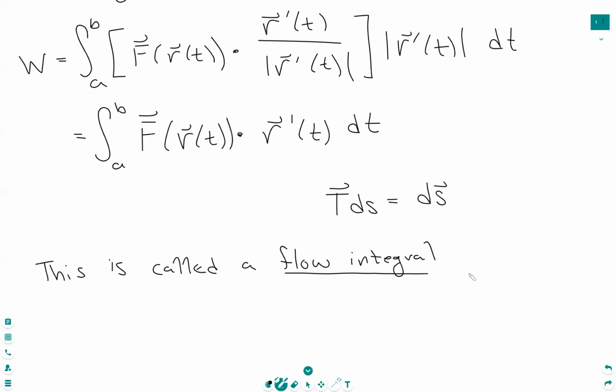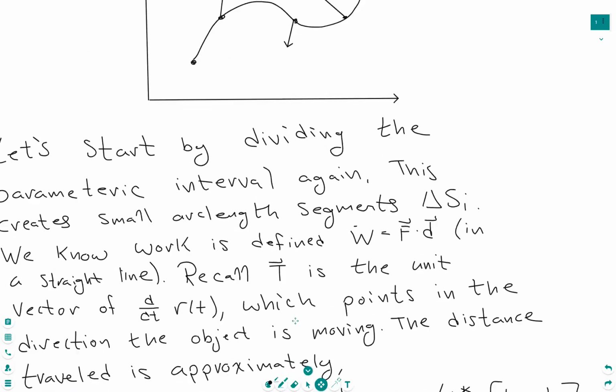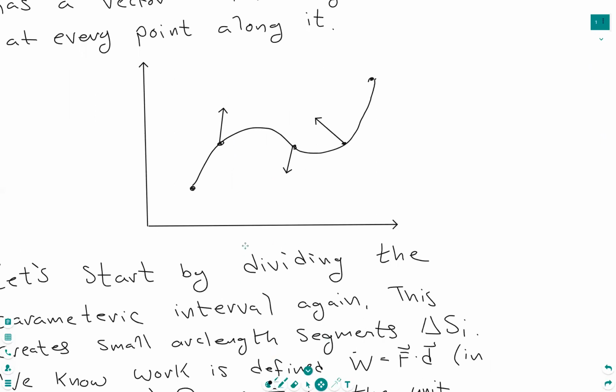The reason it's called flow is that what we're doing is adding up all of the components of the vector field F that are along the path, right? So the components of F that are pointing in the direction of the path. So imagine we go back up to our little plot, and I'm going in a very specific direction.